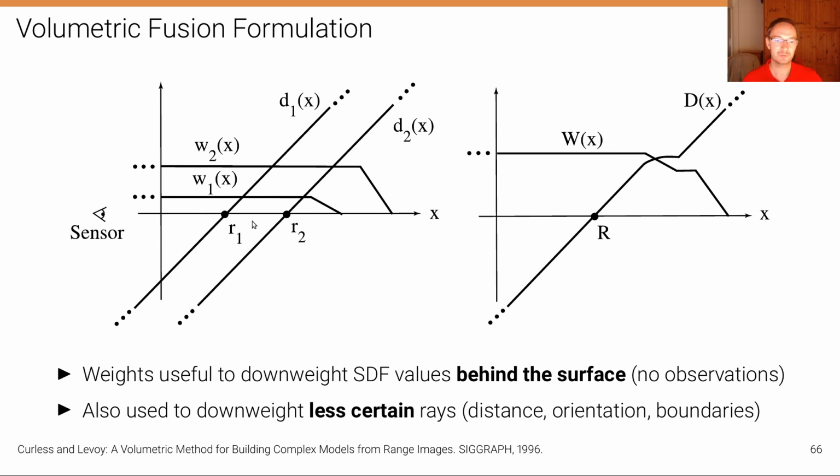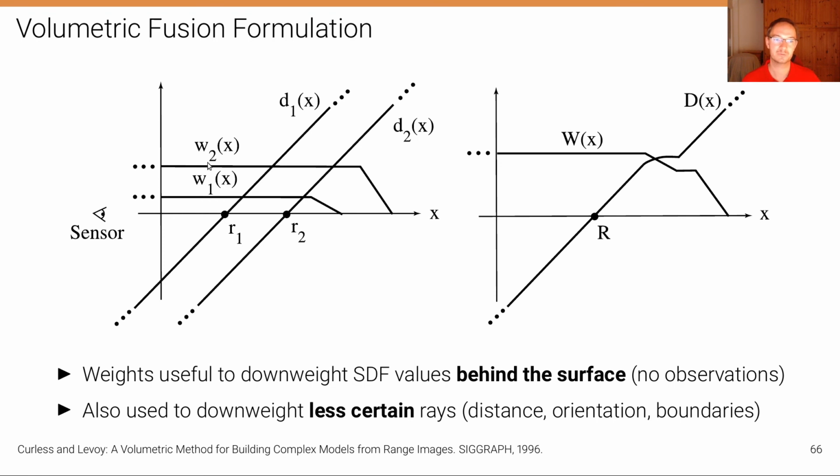The other reason why we want to have a weight profile is that we also want the opportunity to downweight less certain rays. For example, if an observation has been made from a very large distance and the measurement noise increases with the distance, as in the case of stereo, where it even increases quadratically, or from a very slanted angle, or at the boundary of an object where we are not expecting the measurement to be very precise, we can integrate that information by changing the entire weight globally for that particular observation.